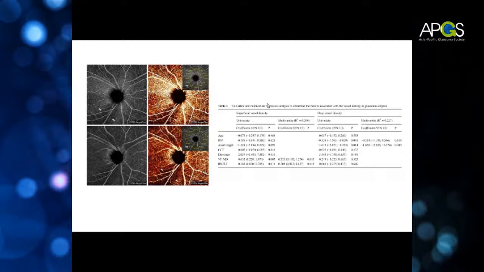When we assess the factors associated with the vessel density, peripapillary superficial vessel density was related to glaucoma severity parameters like visual field MD and RNFL thickness, while the deep layer vessel density was related to axial length. But the deep layer vessel density was affected by the projection artifact. So it may not be helpful for the glaucoma diagnosis.